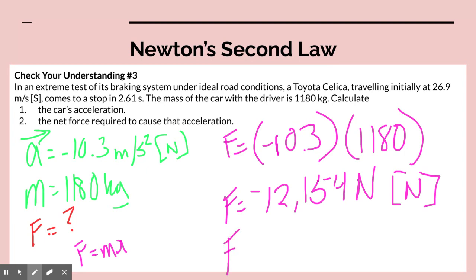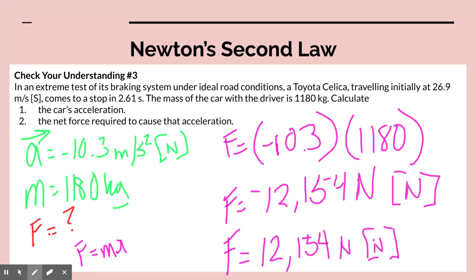So realistically speaking, because we already know that the car is going to be coming to a stop, we shouldn't keep this negative. You can have it 12,154 newtons in the northern direction.